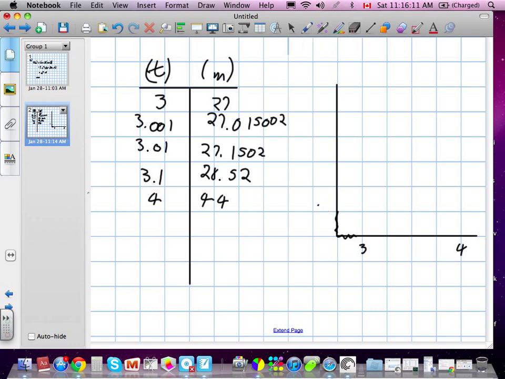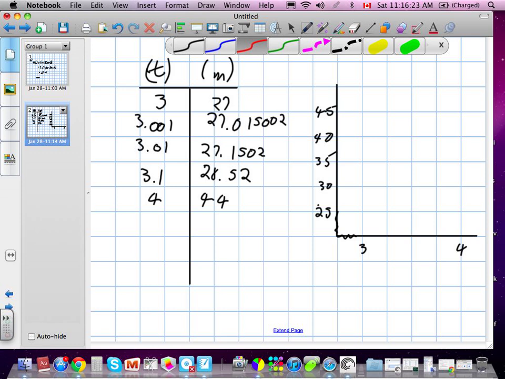25, 30, 35, 40, 45. Good, that'll encompass everything. So at 3, we're at 27, which is roughly, say there, 3.01. This would be like 3.5 here, so this would be 3.25 and 3.75.